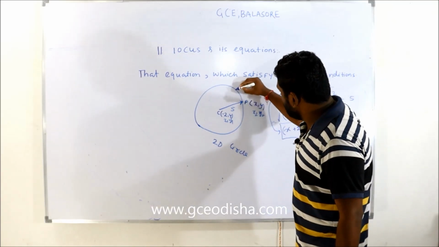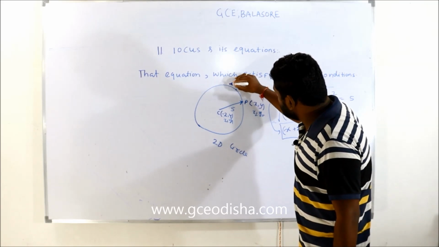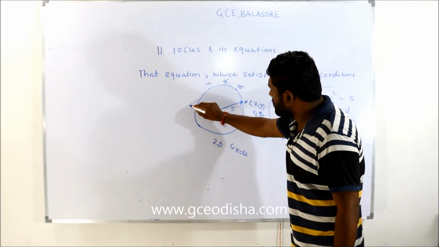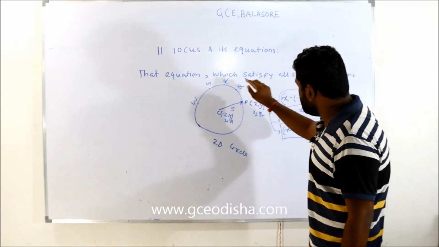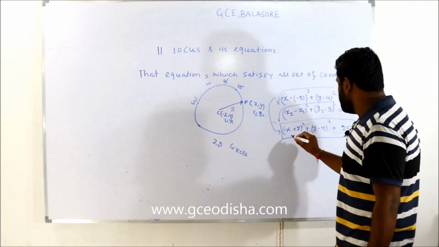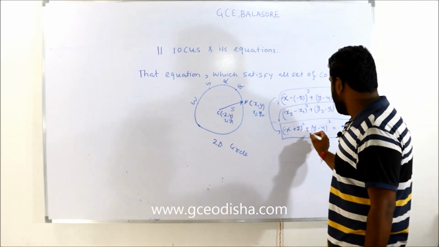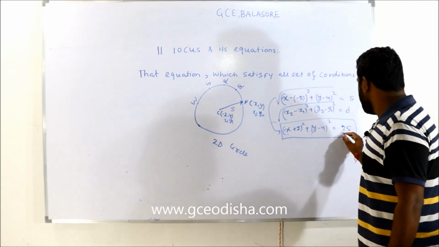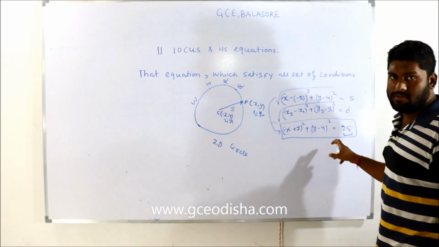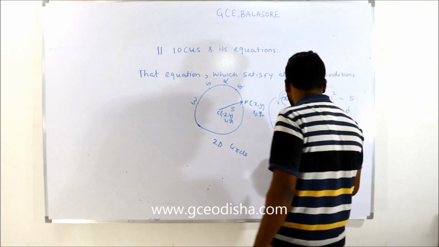Any point like Q, R, S, W, any point of the circle, when you put its x and y here, it should come to 25 when you simplify.